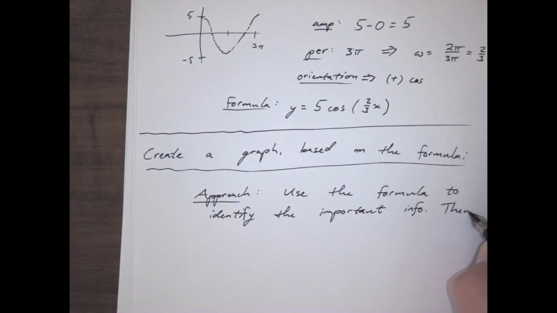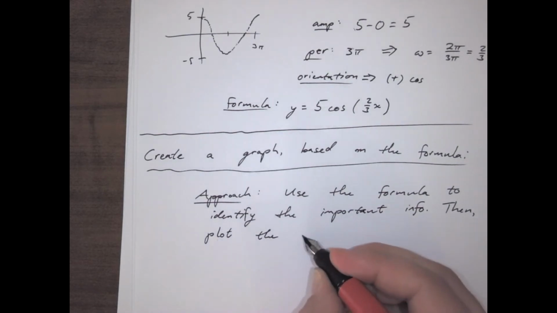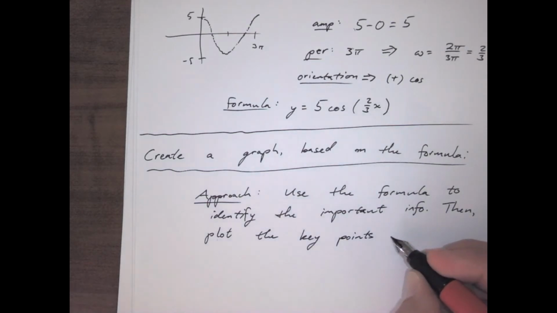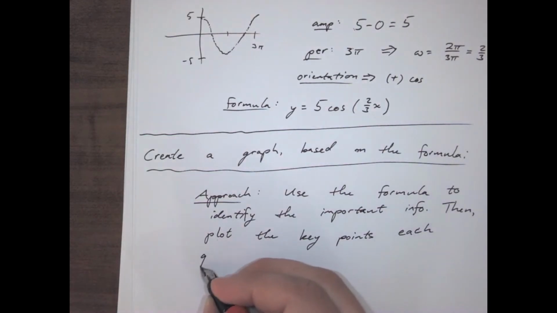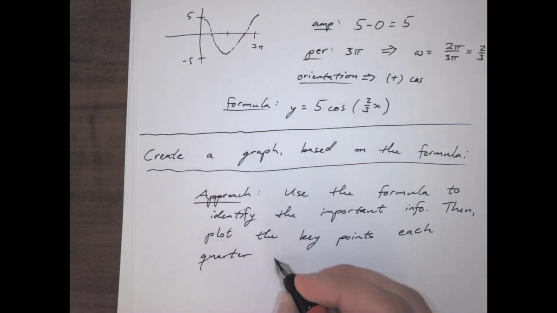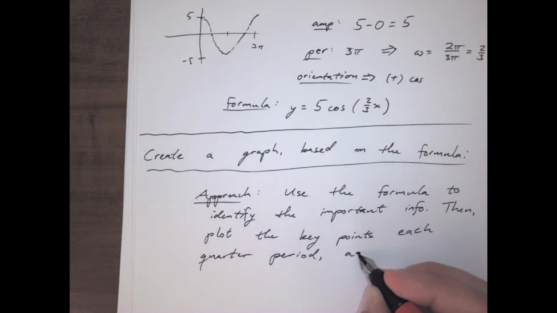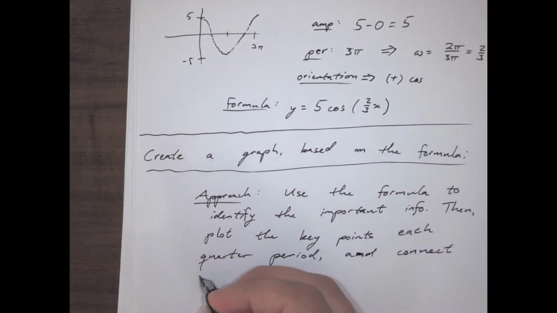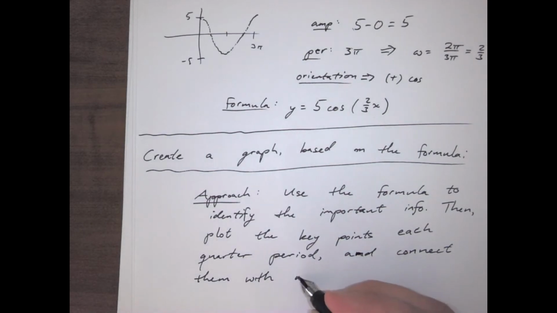Then plot the key points, each quarter period, and connect them with a smooth curve.